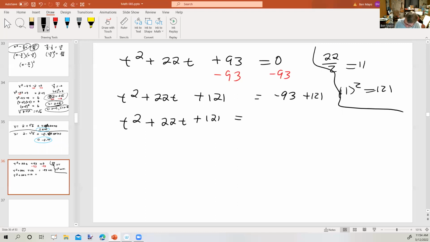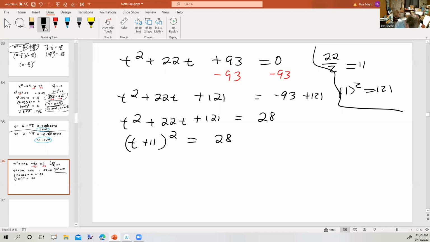On the right side, I have what, 28? Negative 93 plus 121 would be 28. So on the left side, I have t plus 11, the quantity squared, and on the right side, 28. Are you okay with that?